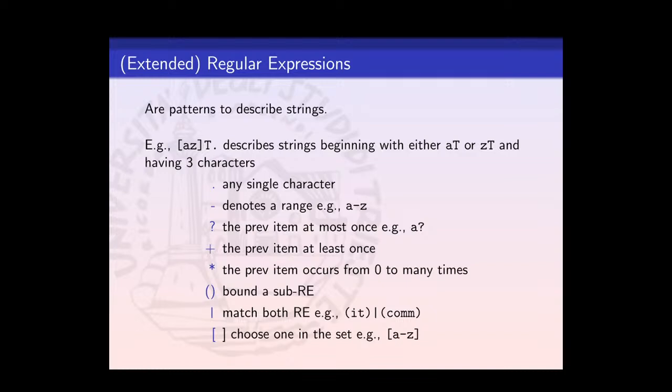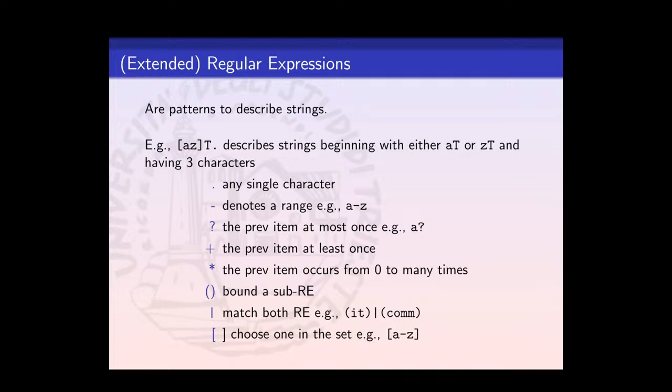Why? Because the dot means any single character. The square brackets are meant to define a set of characters.